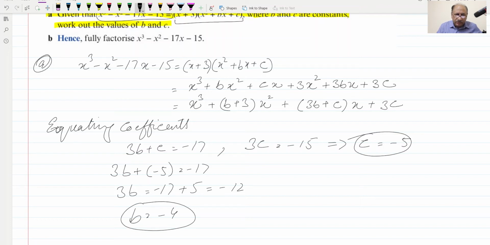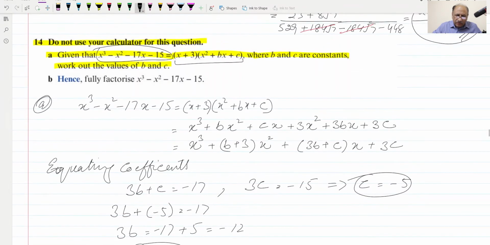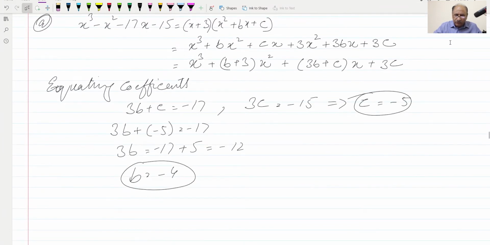So we got the b value also. Basically b and c values were required in this question, which we have calculated. Hopefully you understood this.